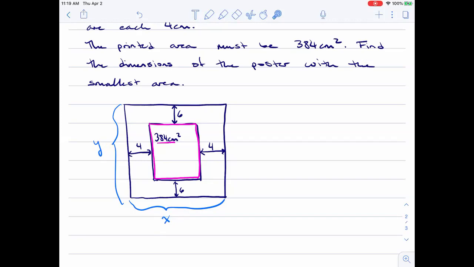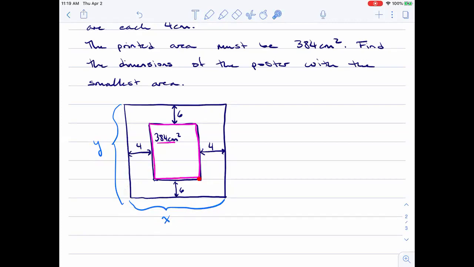It's easier if you're trying to solve for just those values. What you shouldn't be doing is calling this X and saying that this is X plus 8. It works, but then you're solving for X plus 8 and Y plus 12, which is a little bit harder. So it's easier if you go for the longer distances, X and Y.